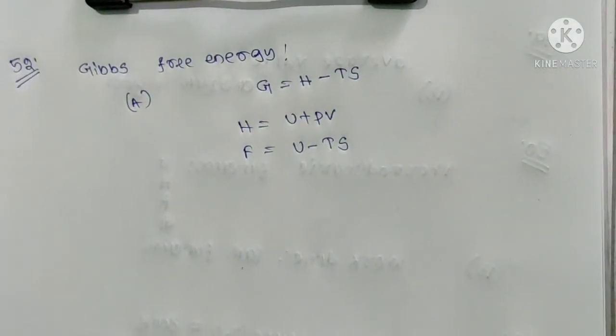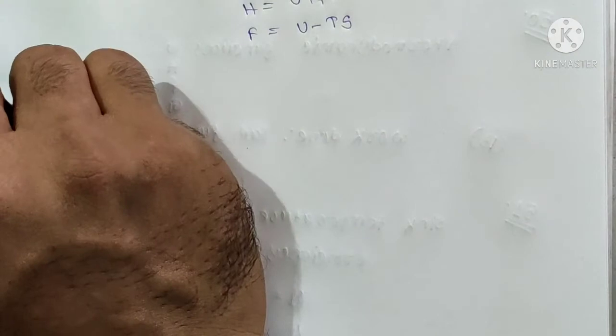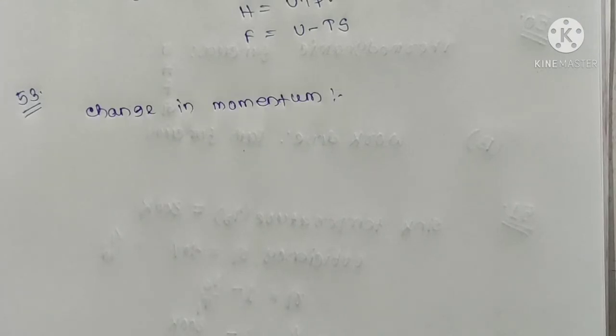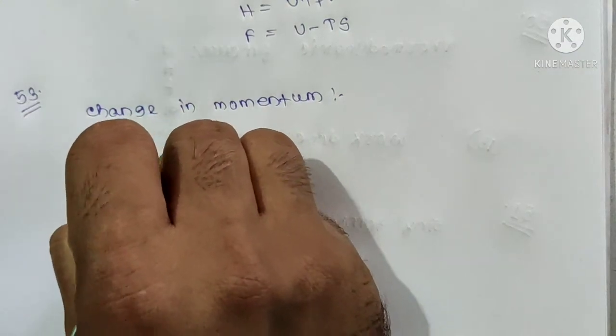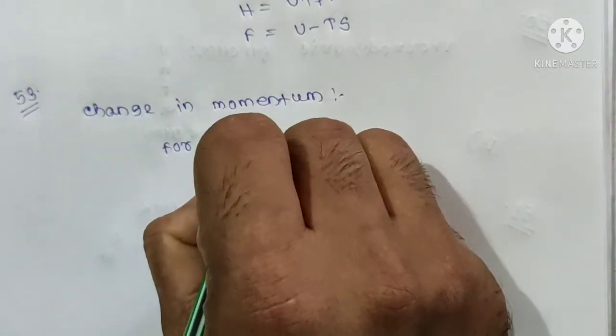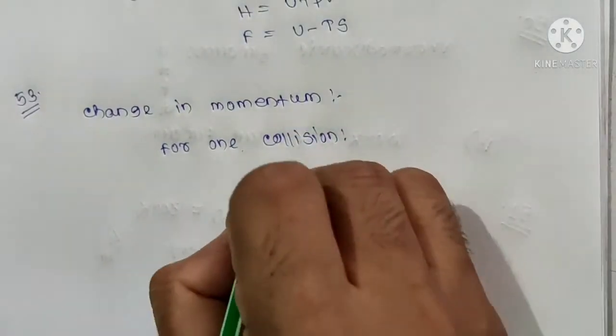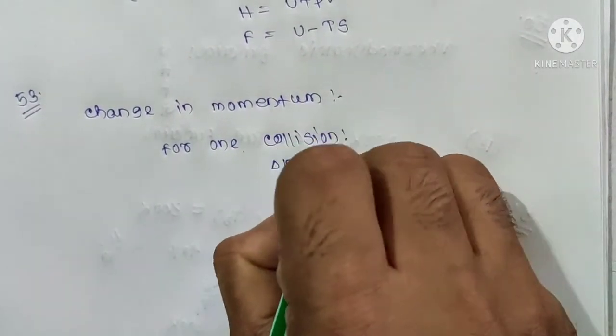ओके, क्वेश्चन नंबर 53. A gas molecule of mass m moving with a velocity of v makes 5 elastic collisions per second with a wall of the container. The change in its momentum per second will be? देखो, चेंज इन मोमेंटम कैलकुलेट करना है। जैसे कि for one collision change in momentum will be 2 mv.